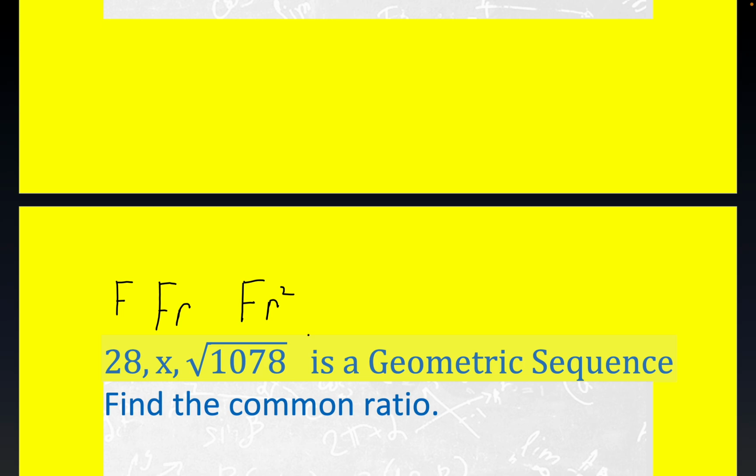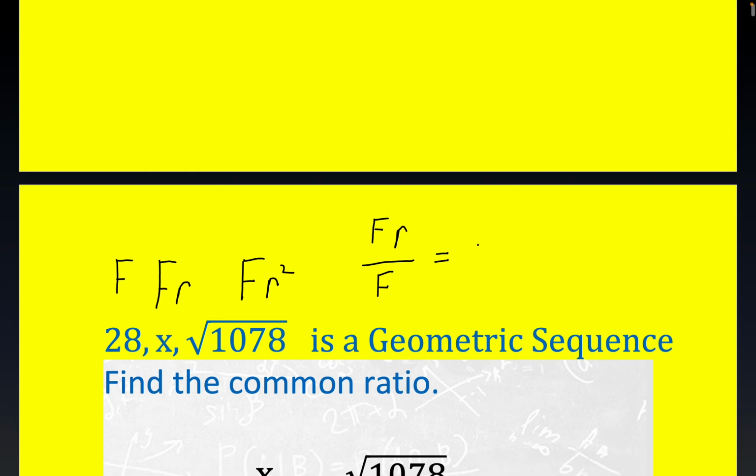And notice that the common ratio is given by both FR over F, right? That's where the ratio piece comes in. And successively, you would get FR squared over FR. But it is common, and the math reveals that, right?